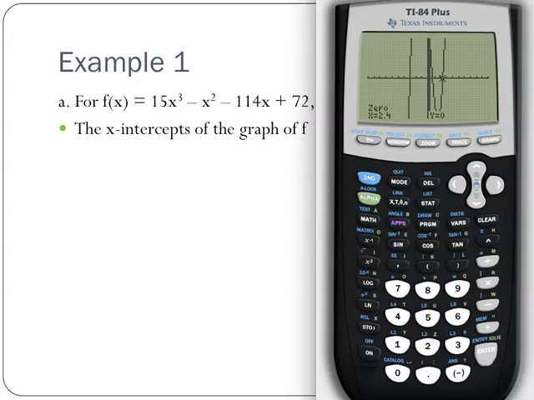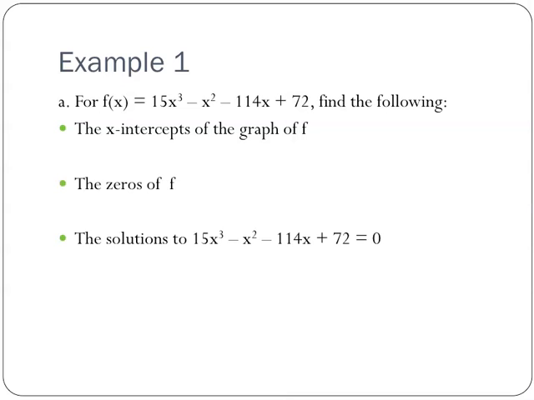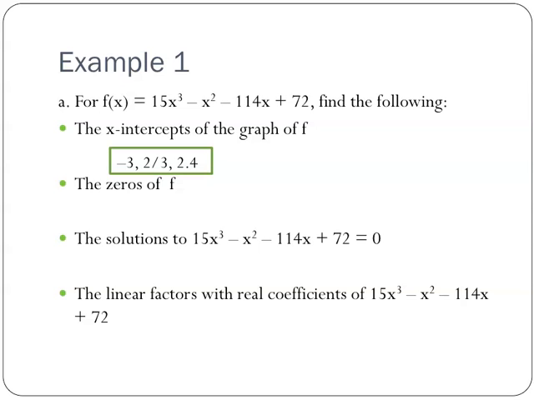It looks like that 0 is at 2.4. So we found 3 zeros: -3, 2/3, and 2.4. So those are our x-intercepts, which is interchangeable with the term the zeros. Now if you have that polynomial 15x cubed minus x squared minus 114x plus 72 set equal to 0, we call these the solutions to that equation.